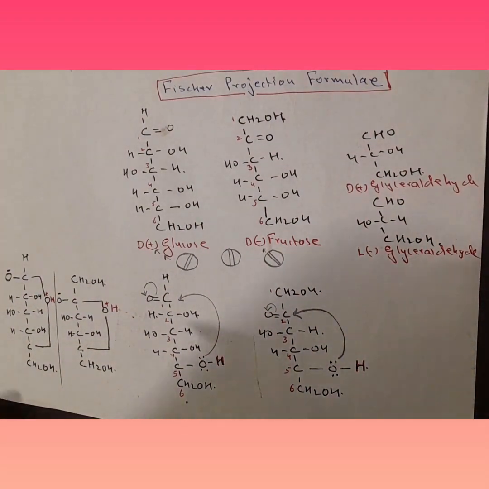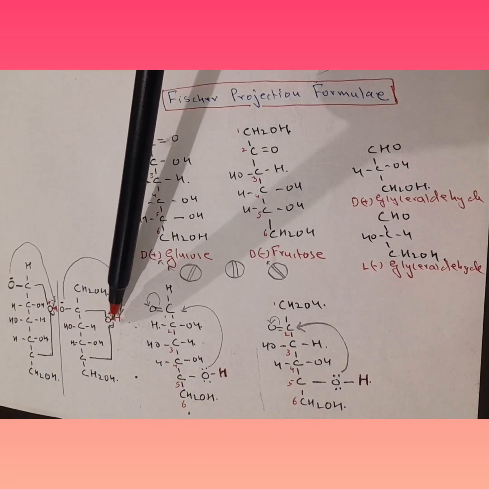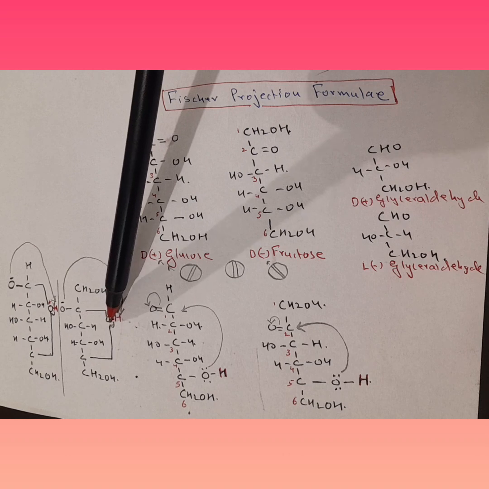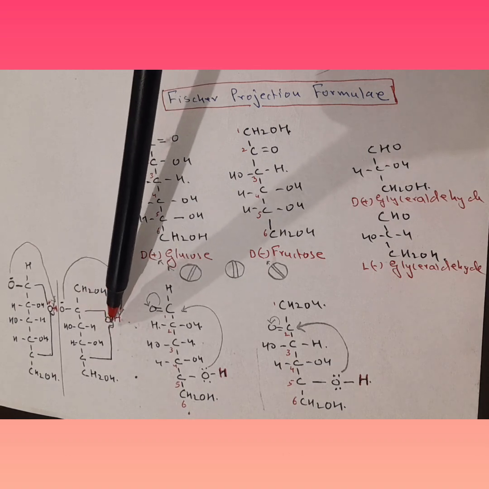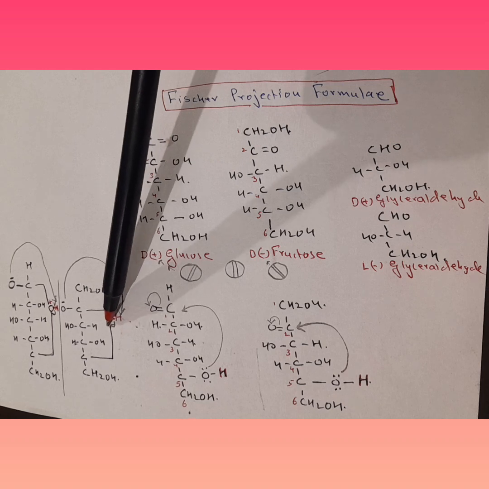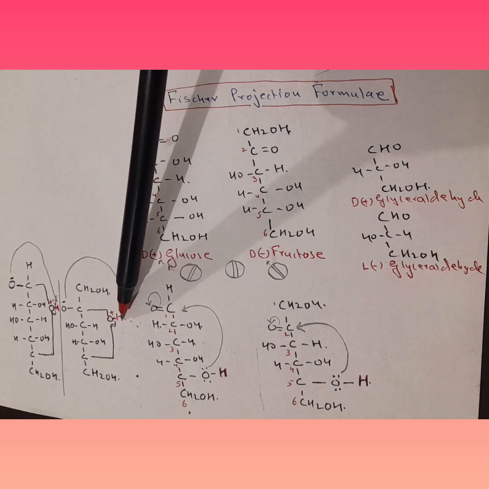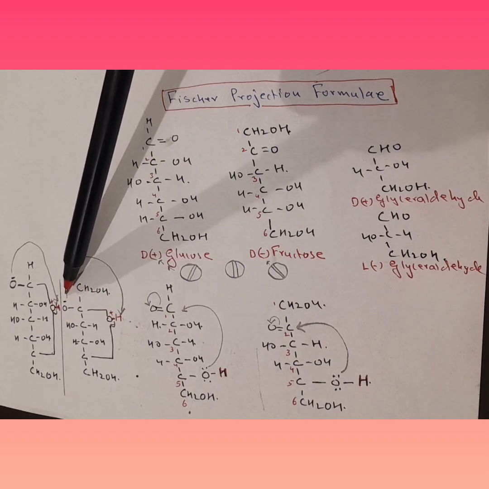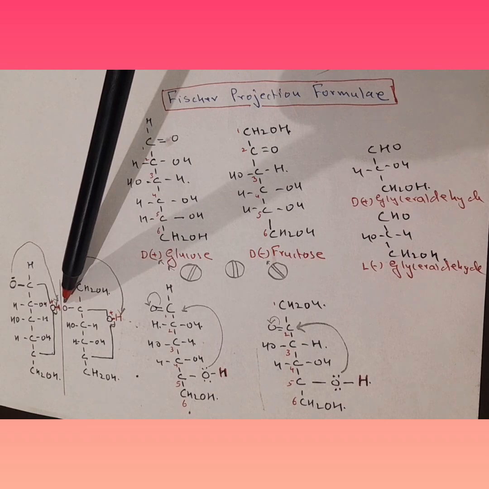H is still attached there, and there's a bond between O and H, but O is positive because it has 3 bonds. So it withdraws that bond to get satisfied, and this becomes a proton, H plus. O minus over here does the nucleophilic attack on that H and takes away that H.